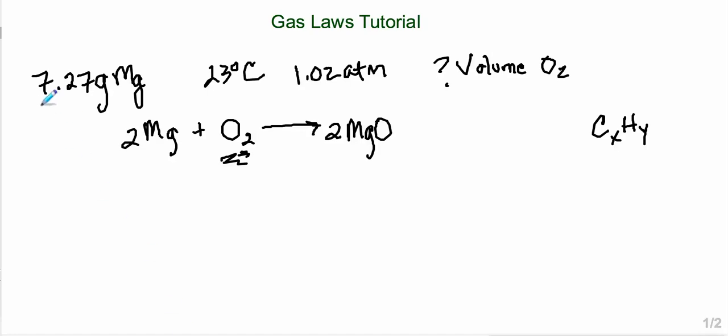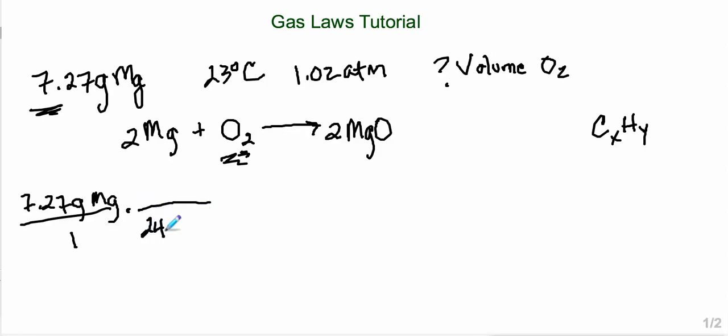Now I can use regular stoichiometry starting with 7.27 grams of magnesium to determine the quantity of oxygen that I need to burn that completely. So I'm going to go from grams to moles by using the molar mass of magnesium per 1 mole.